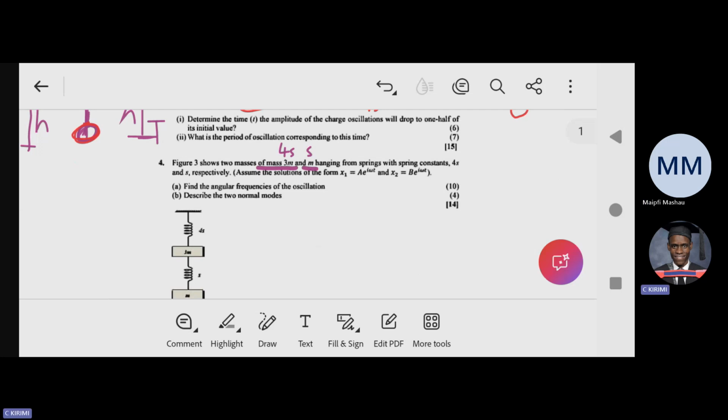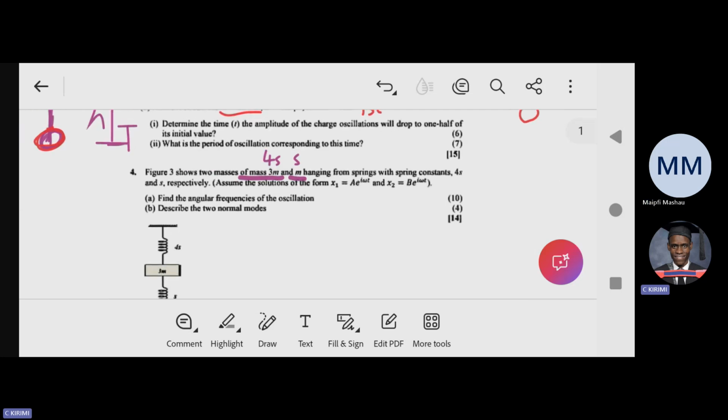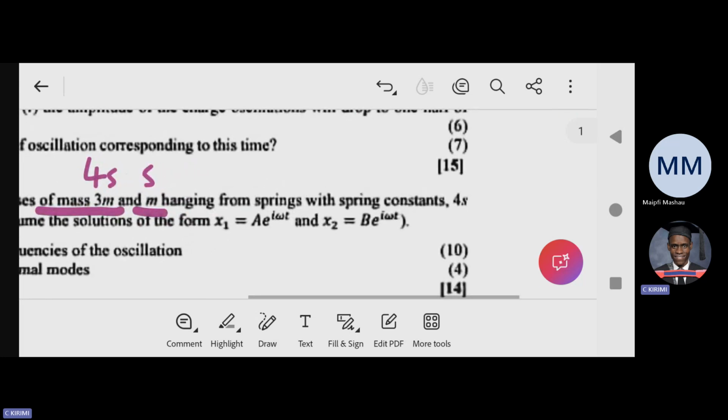Then we are told to assume solutions of the form x1 equals A e to the power i omega t, and x2 equals B e to the power i omega t.